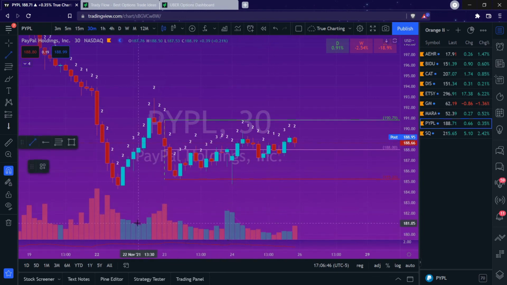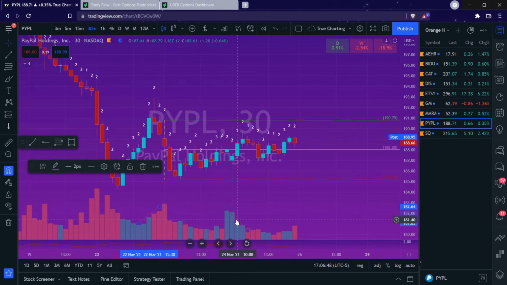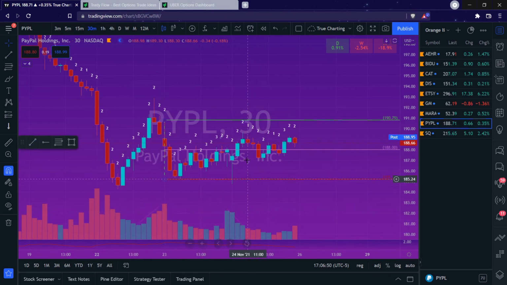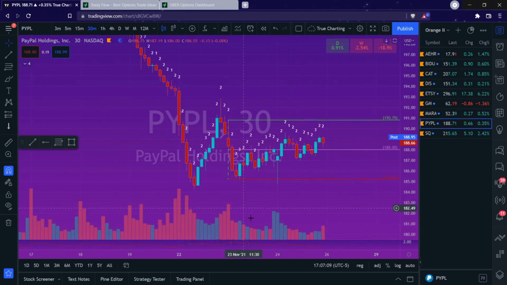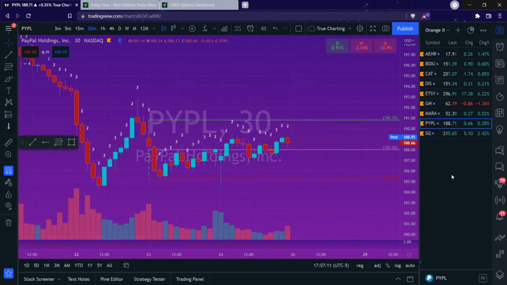Instead of increased volume, I'm seeing decreased volume come in on a break of a pretty key level, and I just didn't like it, and then we entered some chop. So right here from 188 up to 189 is more than 10% on premium, so you could have easily won in this trade. I just personally don't like it when I see falling volume like that, especially compared to the previous day. But again, that was expected as we're moving into Thanksgiving.